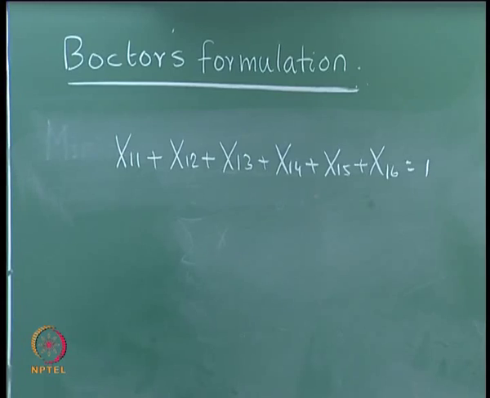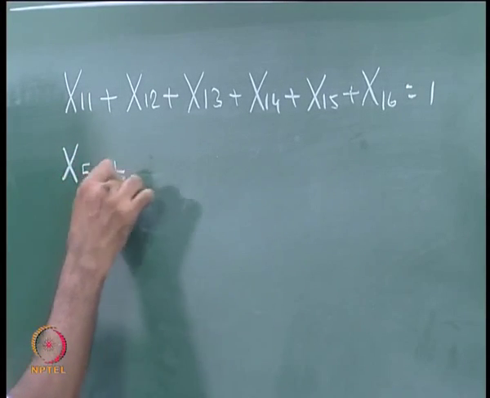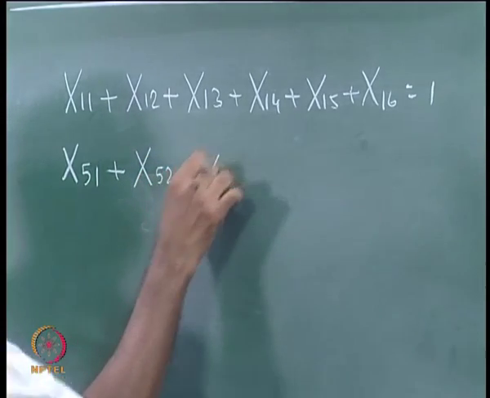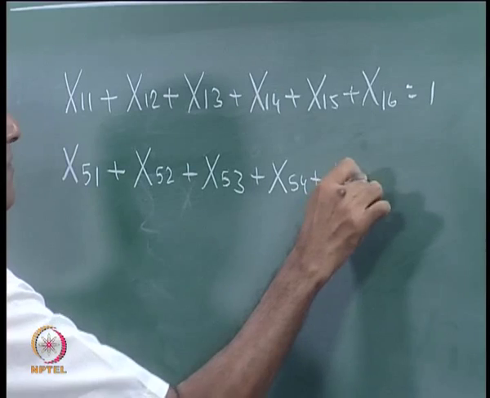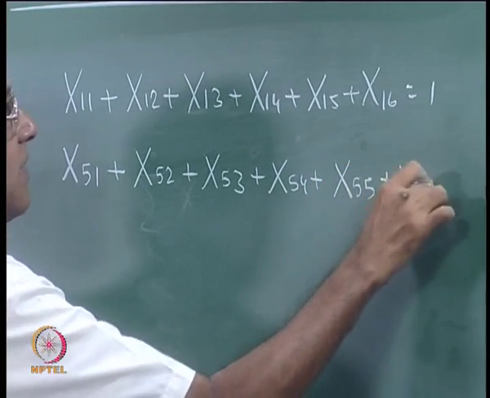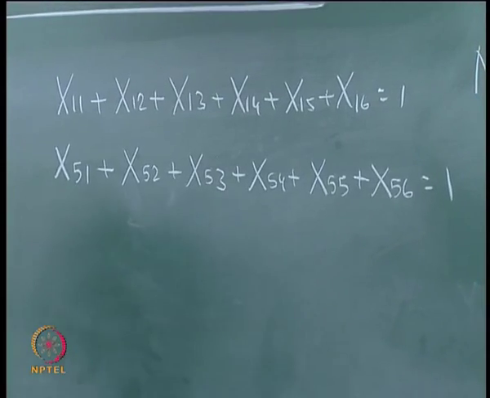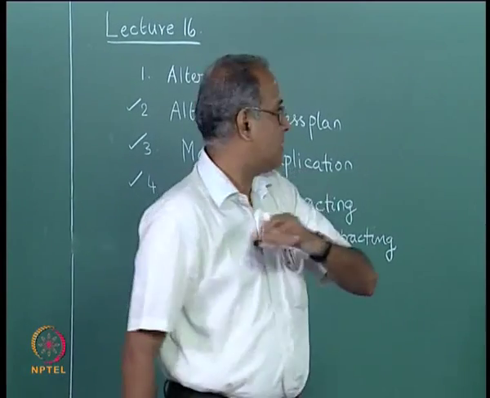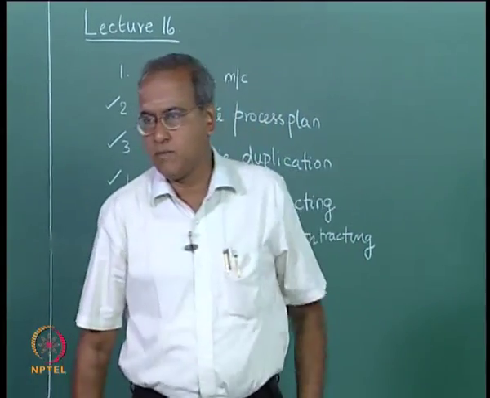Now there will be one for process plan number 5 also, which will look like x51 plus x52 plus x53 plus x54 plus x55 plus x56 is equal to 1. There will be one for 2, 3, 4 and 6 also.